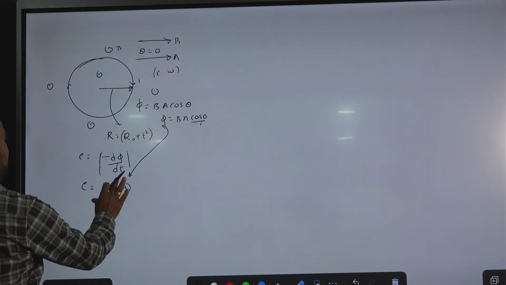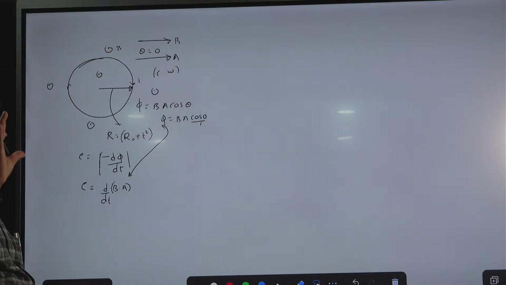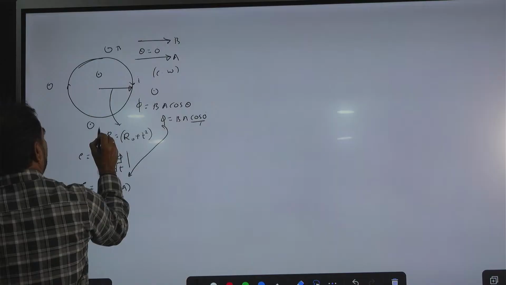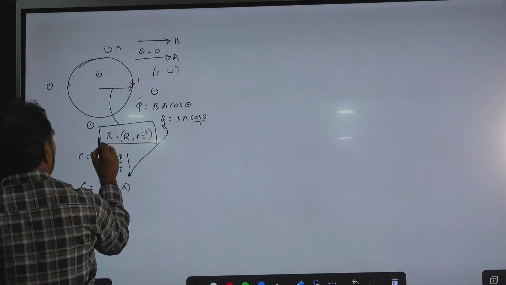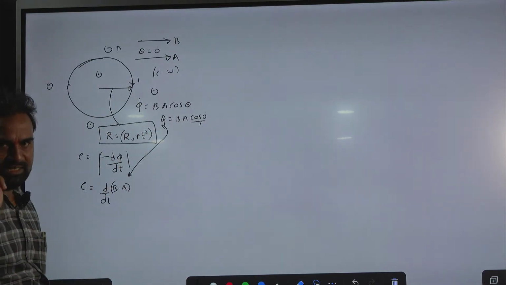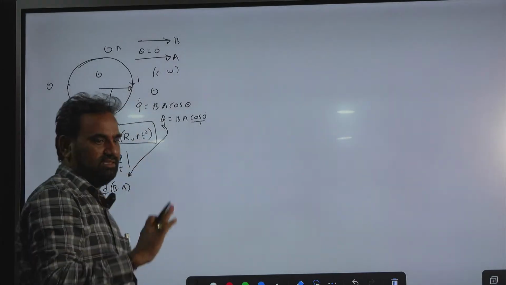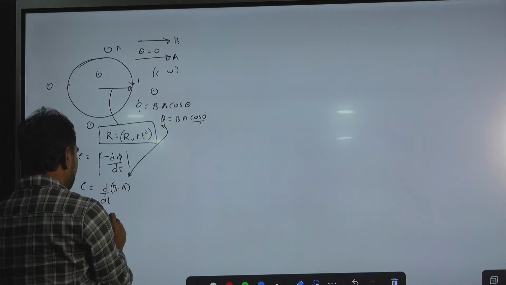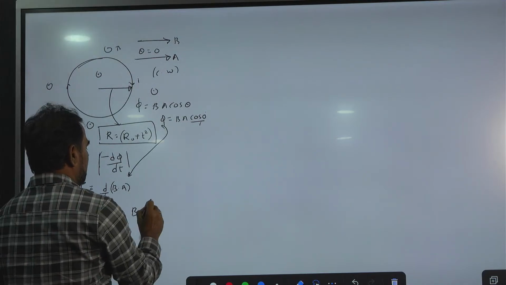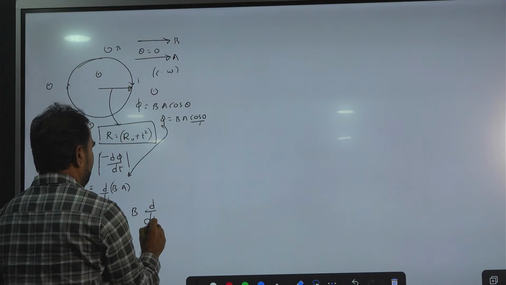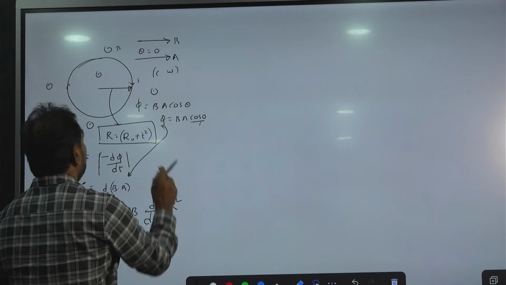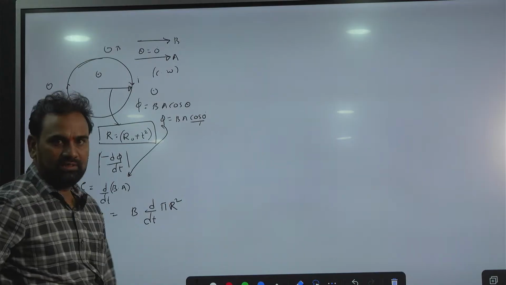So what is B? B is a constant, B does not change, so what is changing in this problem? वो प्रॉब्लम में क्या चेंज हो रहा है, only the radius vector only changes इसमें। ठीक है, therefore E is equal to, what I am writing, see, E is equal to B constant d by dt of A, where A means what I am writing, πr², area of this loop A is equal to πr², already know.